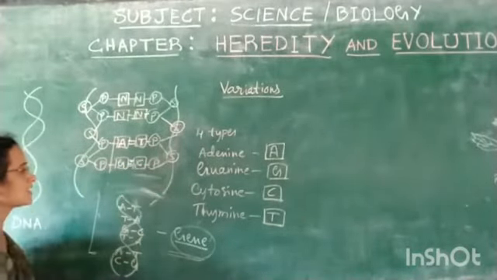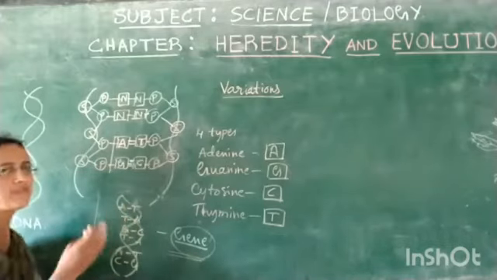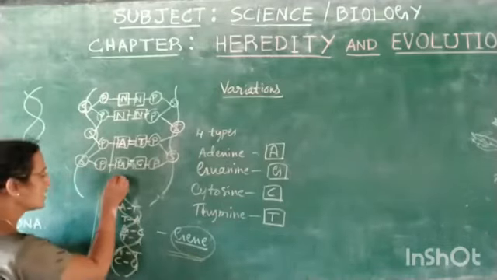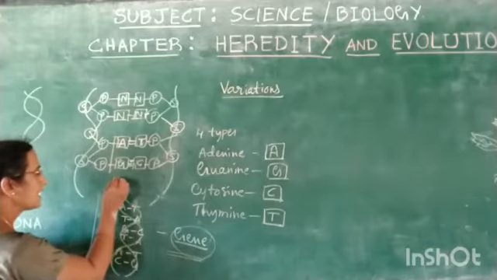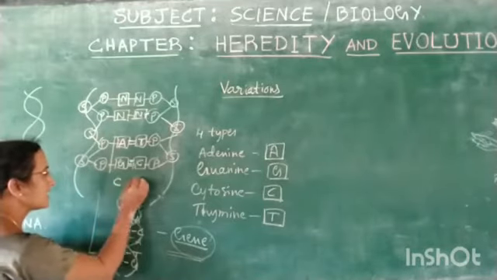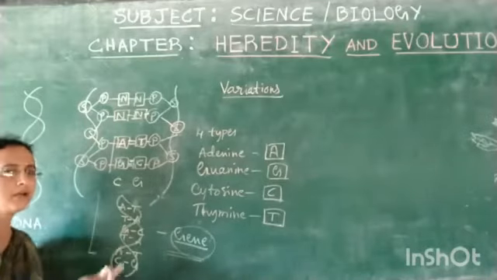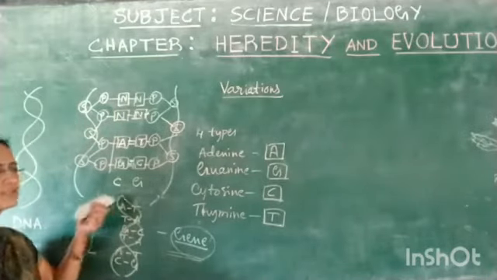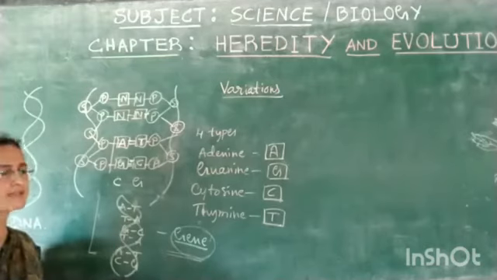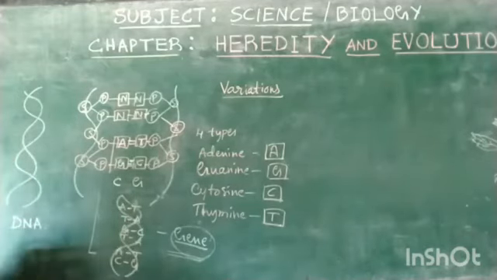Instead of A and T, there may be C and G. So there may be a different pattern of nitrogen bases getting synthesized when compared to the parental DNA.